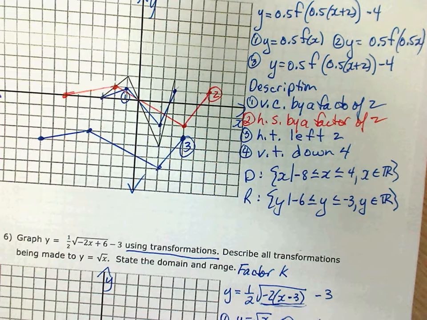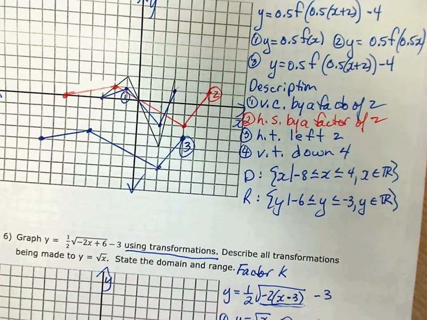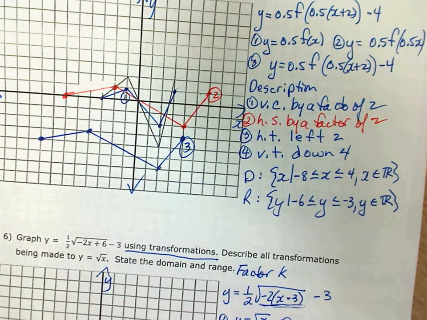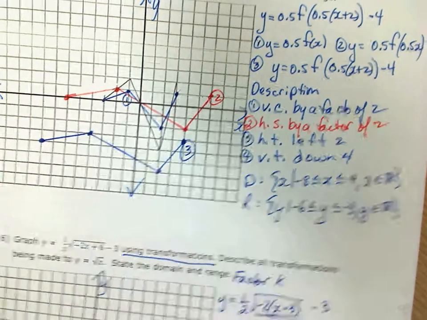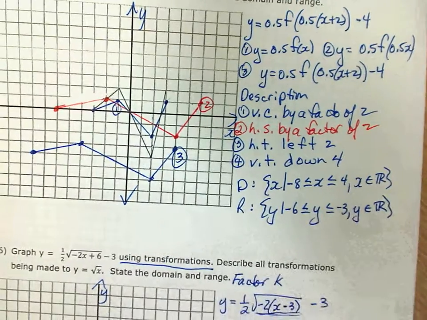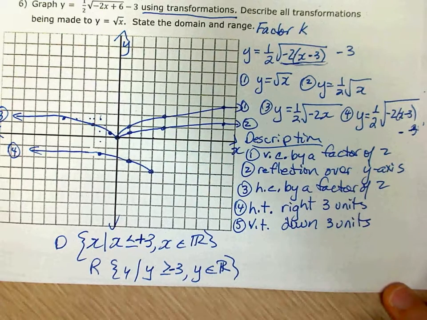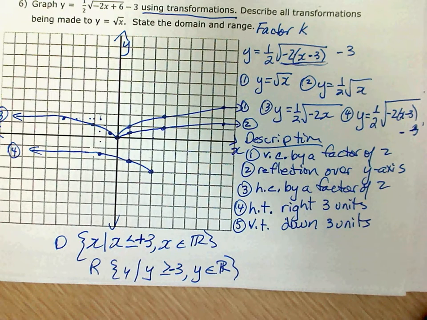Okay, let's see how much of mapping we can do. Do you want me to leave it on for a bit? Do you guys still need this? No? Oh yeah, you can just go x is less than or equal to 3.